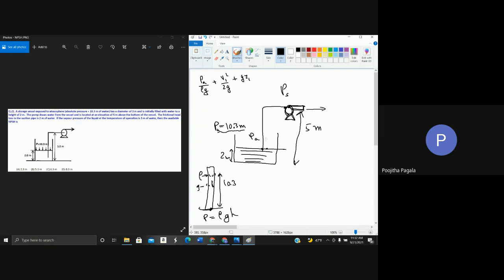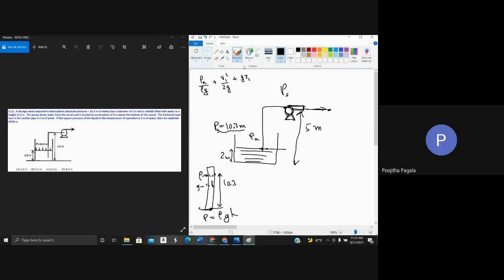If you look at it carefully, the streamline or the system which I have chosen begins here and ends right at the inlet of the pump. But there is no pump in between. So therefore, you don't have to include the pump. In case I was taking this as the ending point, then you would have to include the pump. Is that clear?